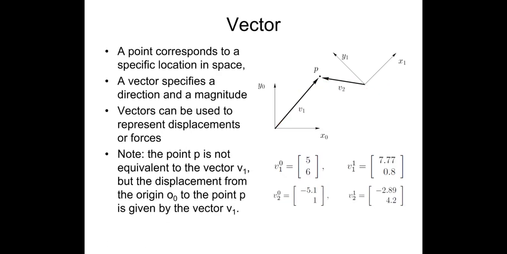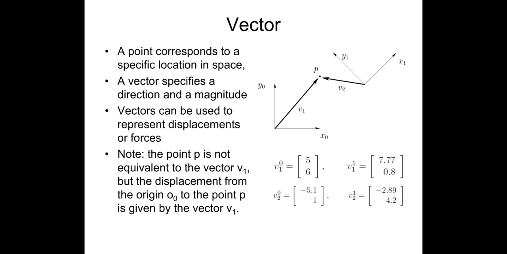Okay, so the next concept we need to know is vector. I want to say that a point corresponds to a specific location in the space, which we just talked about. A vector specifies a direction and a magnitude. Okay, so here we have the point P, and we have the location of P in the frame 0 or frame 1, which we just calculated.